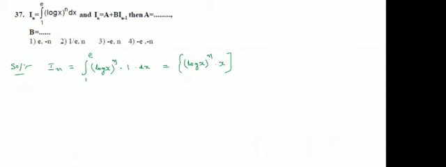Then what is the limit? 1 to e, minus integration of the derivative of (log x) whole power n, that is n into (log x) whole power n minus 1, the internal derivative of log x, 1 by x, next the integration of 1 dx, that is x, whole dx. Here observe that x is cancelled. Now what remains?